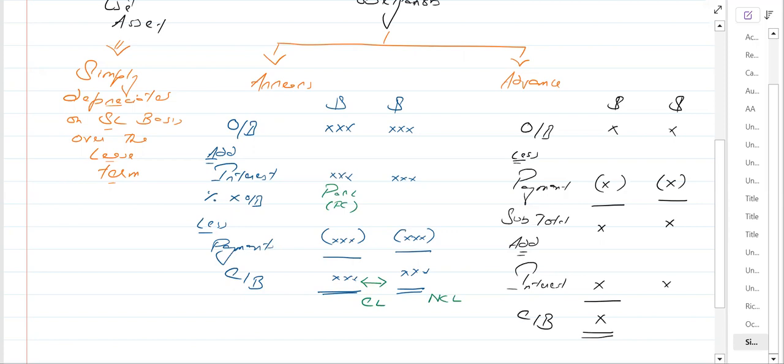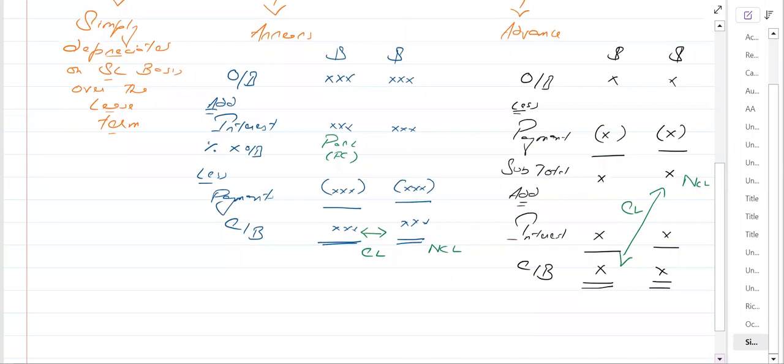Again, adding the interest, and then you get the closing balance. So this is how it is being done. The subtotal represents the non-current liability, the subtotal of the next year. And the difference between these two represents the current liability. So this is how you do the working of arrears and in advance.